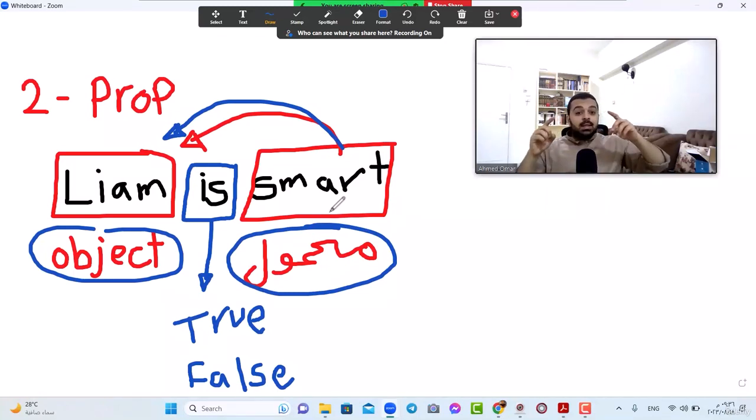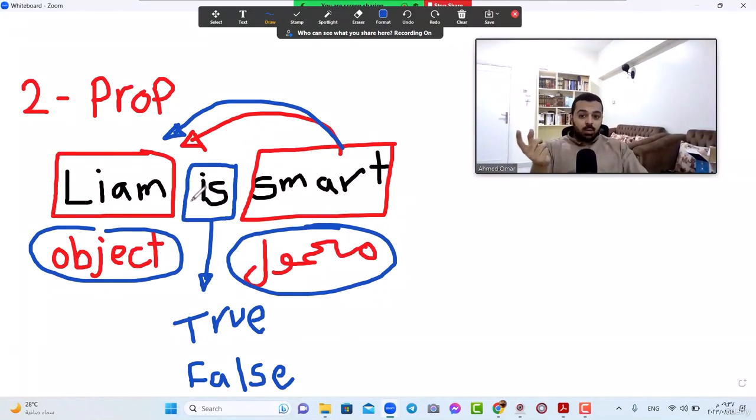Now this is a kind of knowledge, right? There is another type of knowledge, which is you go outside and watch if this is true or false, in the outside world. And then you go and examine if Liam is smart. So you say Liam is smart.